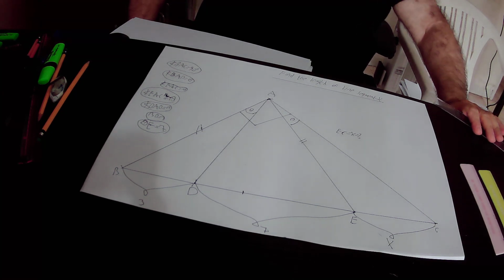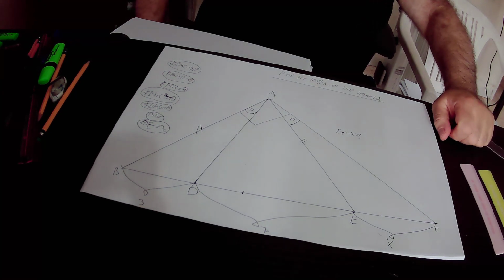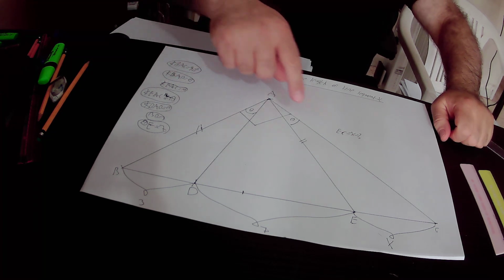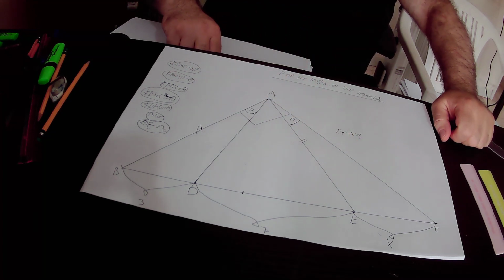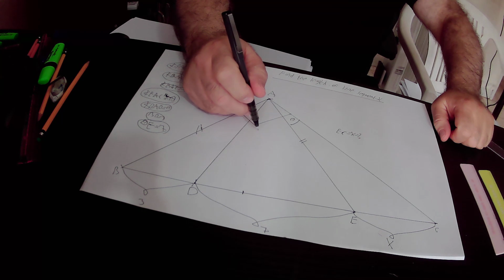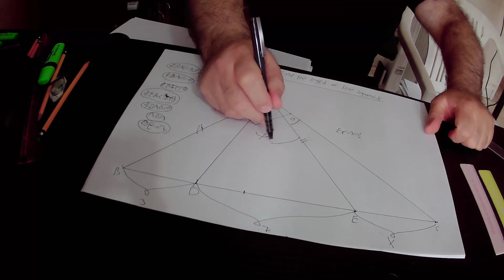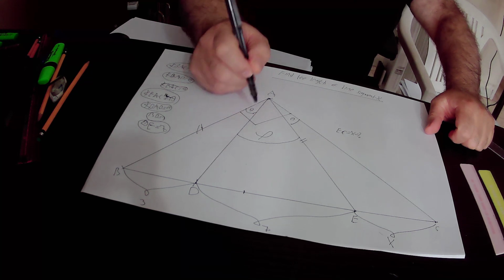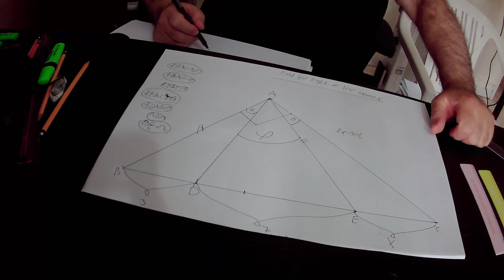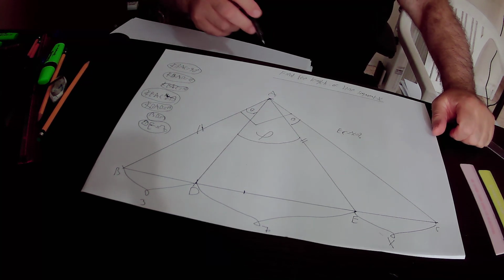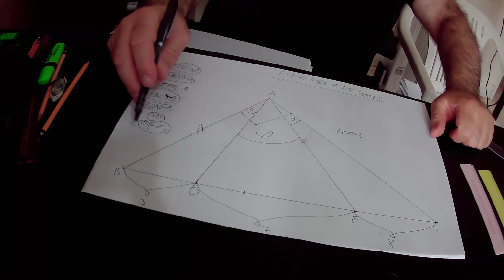Okay, so first of all we will define angle DAE as theta. So angle DAE equals theta. This angle equals theta according to our definition. And from point A we draw a perpendicular to BC.